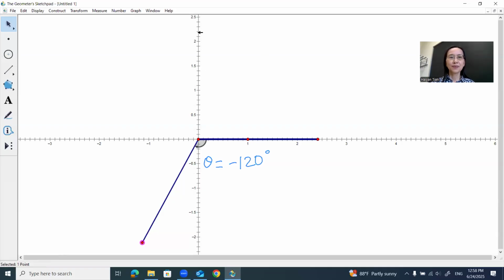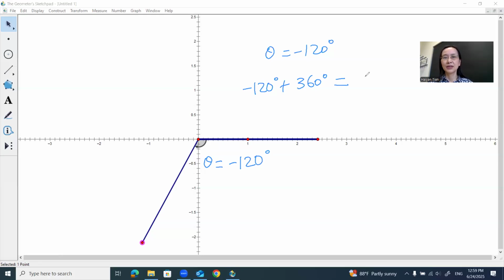But you can find a least positive angle that is coterminal with this angle. How? All we need is to add to this angle a complete rotation. So if I add a complete rotation to negative 120 degrees, then I get a positive angle that is coterminal with this given angle.